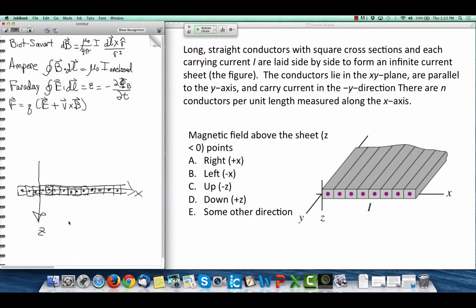And so my question for you is the magnetic field above the sheet, in other words, z less than 0, above the sheet is up here. What direction does the magnetic field up there point? Due to an infinite sheet of current, or an infinite line of a whole bunch of currents stacked together.